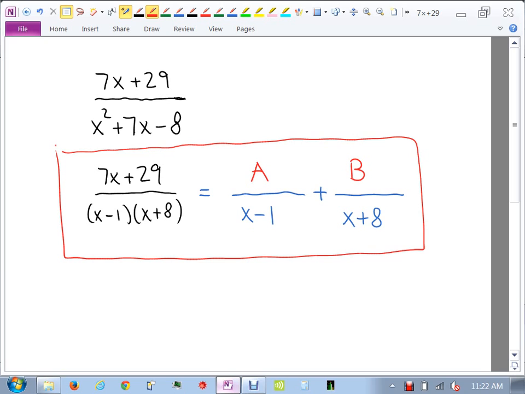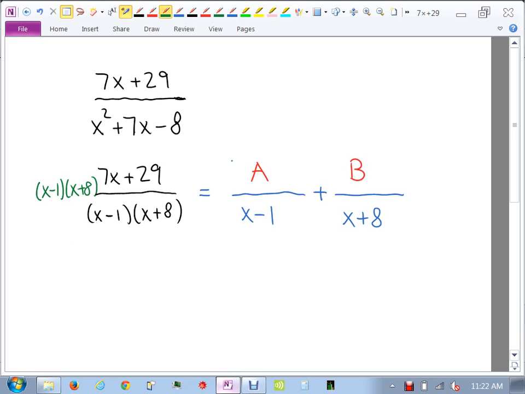What's the least common denominator of all those denominators? X minus 1 times x plus 8. So I'm going to multiply the left side here by x minus 1 times x plus 8, and then I'm going to do the same thing on the other side.